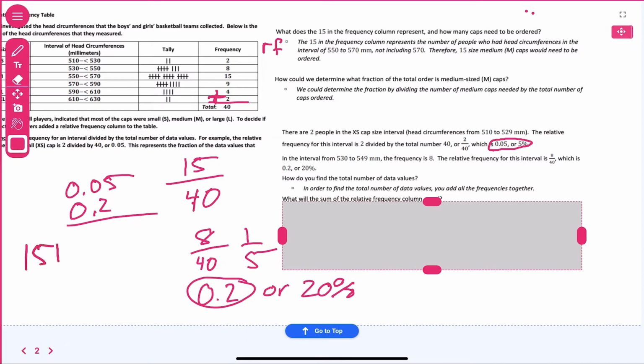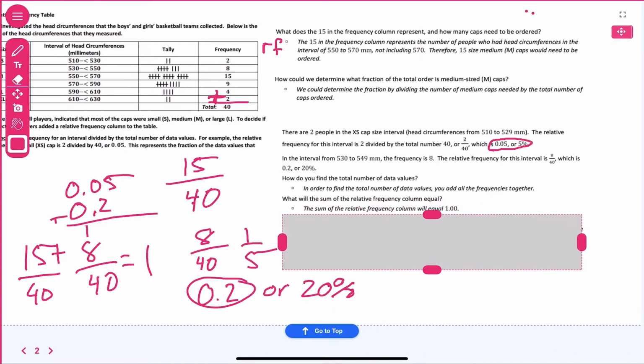Or just think about this. We have 15 40ths plus 8 40ths. What would that end up adding up to be? Well, it should add up to 1. If you add all these up, they should add up to 1. The sum of the relative frequency column will equal 1.